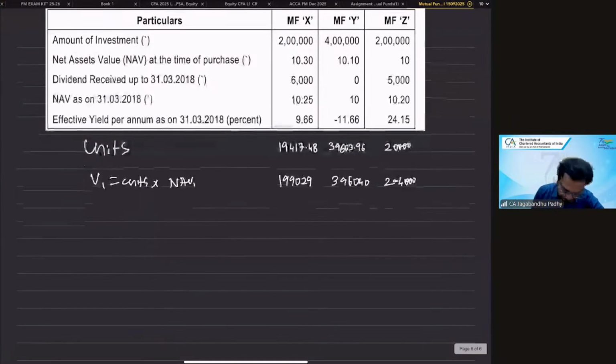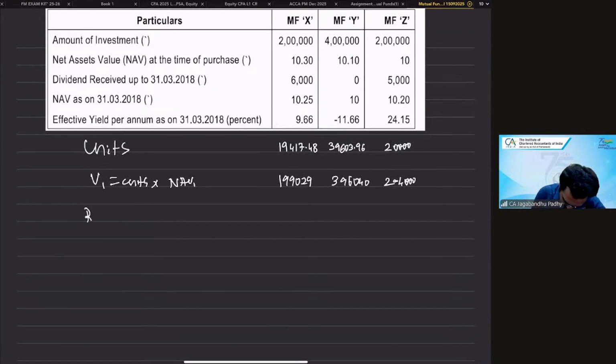Okay, we have the dividend amount, so we can get the return number. X comes to 2.51%. Second case, minus 1%, almost minus 1.